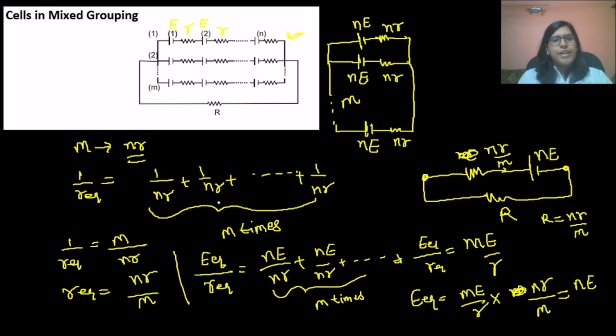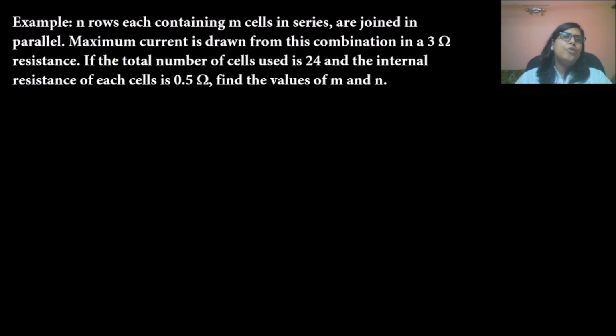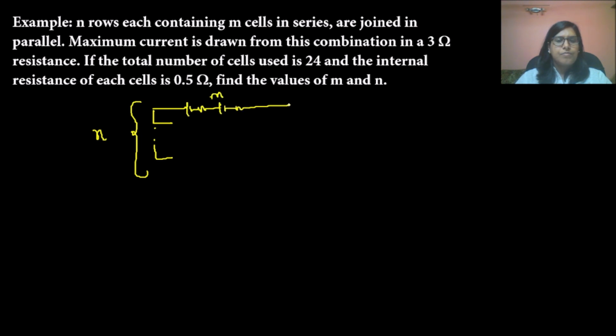Now we will solve a question. n rows, each containing m cells. How many rows? n. How many cells in series? m cells, are joined in parallel.